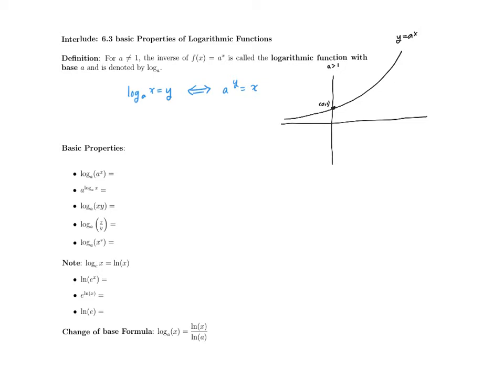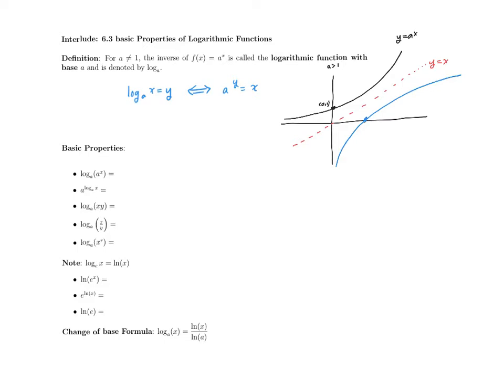To get the graph of its inverse, which is the log function base a, we reflect this graph of y equals a to the x about the line y equals x. And when you reflect it, you get back this curve.